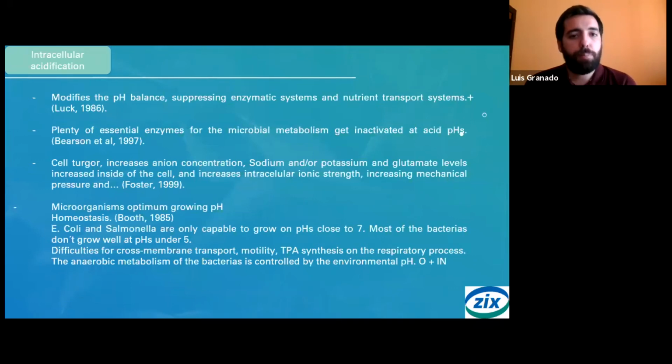It affects the pH balance, the enzymatic system, nutrient transport, cell turgor, etc. A lot of things, as we said. So in the end, there is plenty of different mechanisms caused by the use of organic acids that will alter or damage the bacteria.